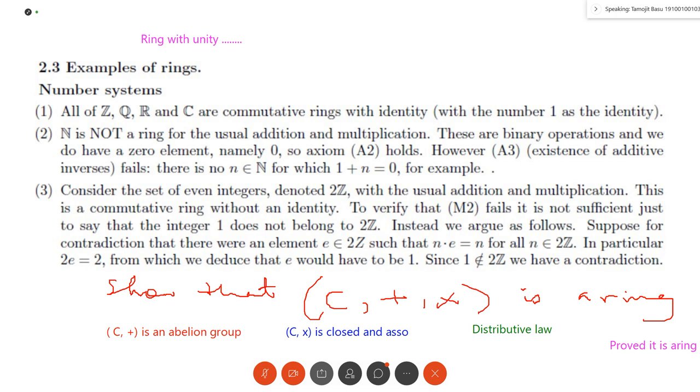And the answer should fall in the same domain or not. Very important, domain or not. So what is the answer? Multiplication. So one will be the identity element.